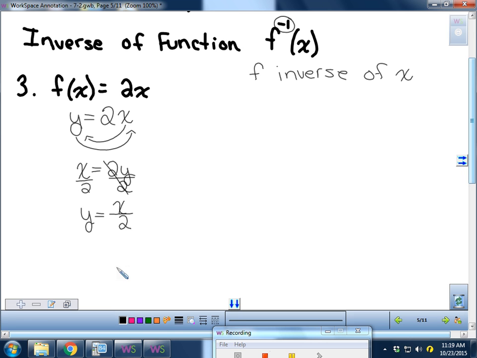But I told you that you never ever find the inverse of something and not put f inverse of x. So you're going to have to say f inverse of x equals x over 2. That is your answer. So you're just going to replace the y with f inverse of x.